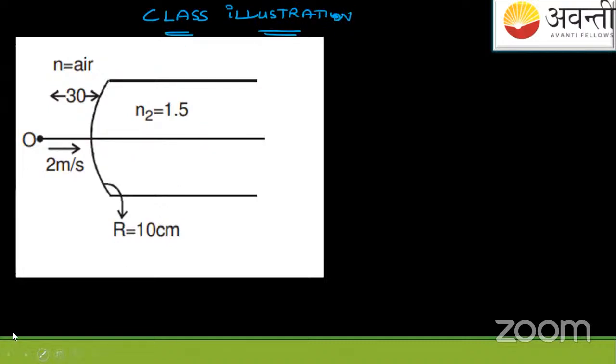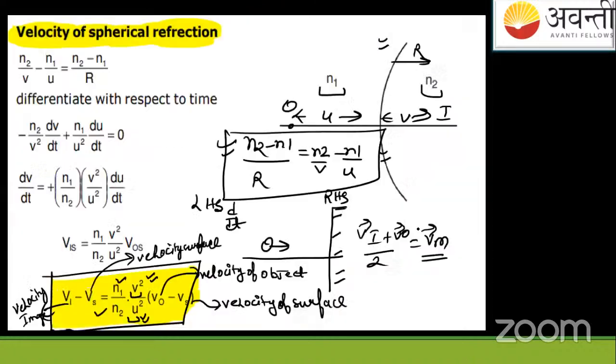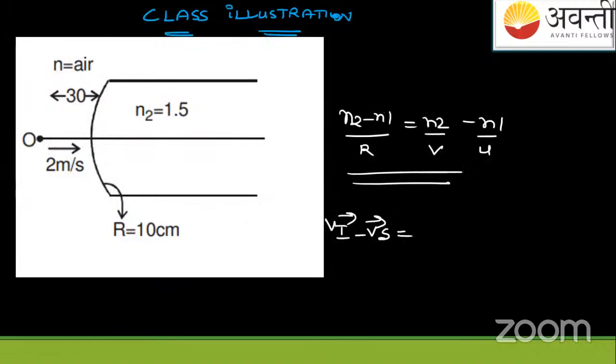I'm writing this formula for you: N2 minus N1 upon R equals N2 upon V minus N1 upon U. Differentiate this, you get it like this: velocity of image minus velocity of surface, next is N1 upon N2, V square by U square, velocity of object minus velocity of surface.